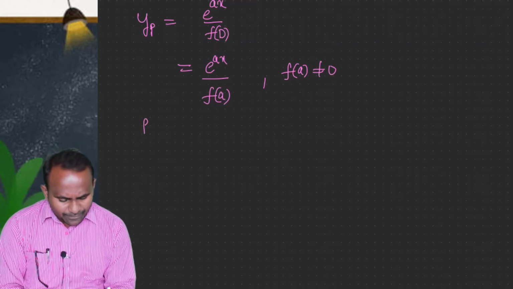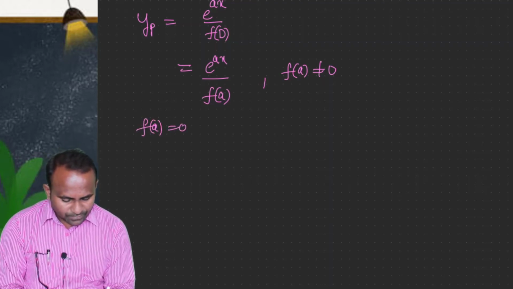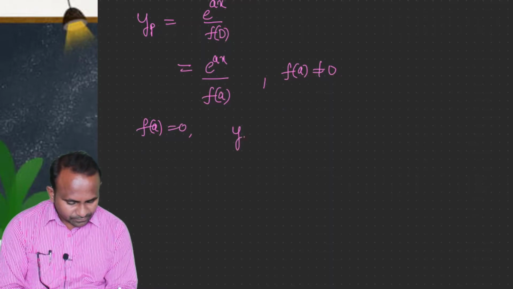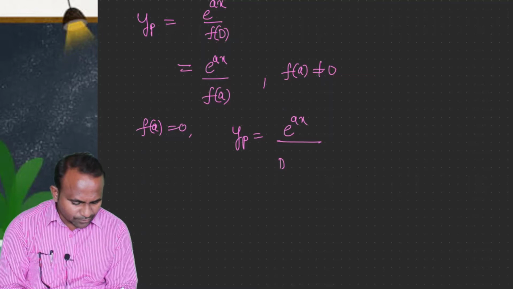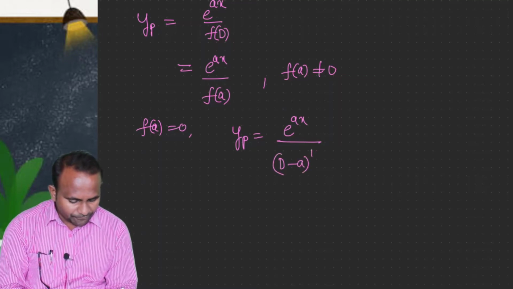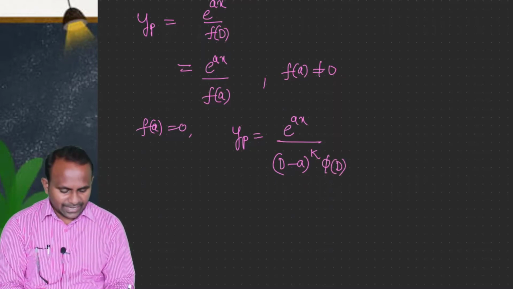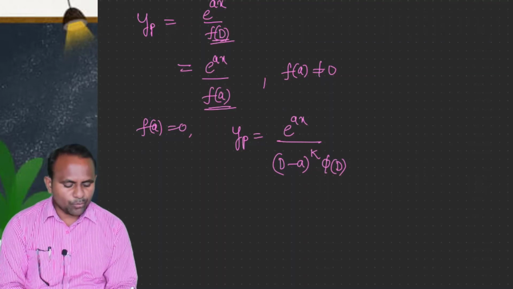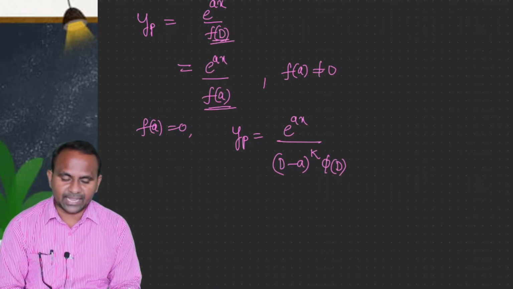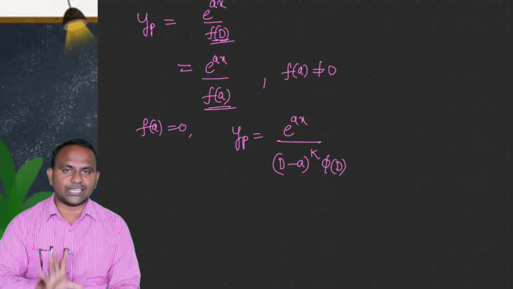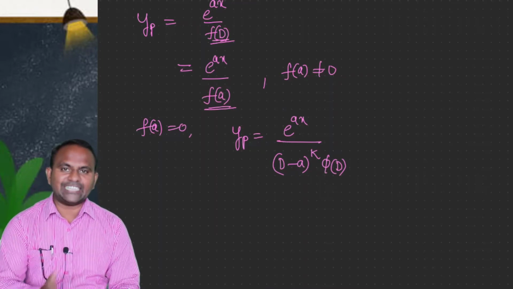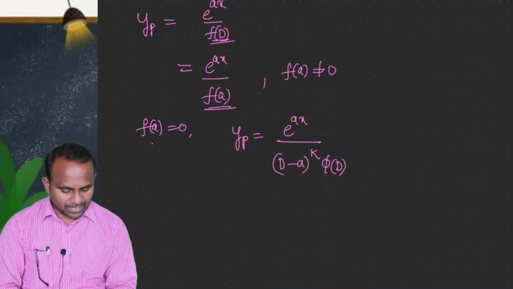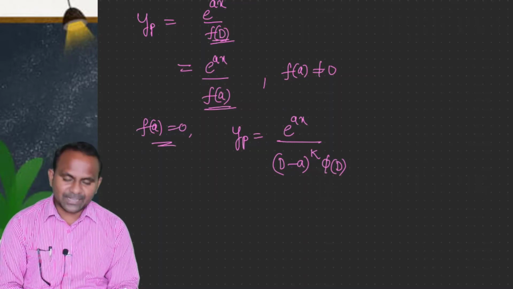But whenever f of a is equal to 0, you better write the particular integral in this way. You just write the factors of this f of d. The factor will definitely be in this format. It is becoming 0 while putting d as a. Why? Because one of the factors must be d minus a power k. It will definitely be there, otherwise it won't be 0. Since d minus a is a factor k times, only then is it becoming 0. So your factorization must be in this format.